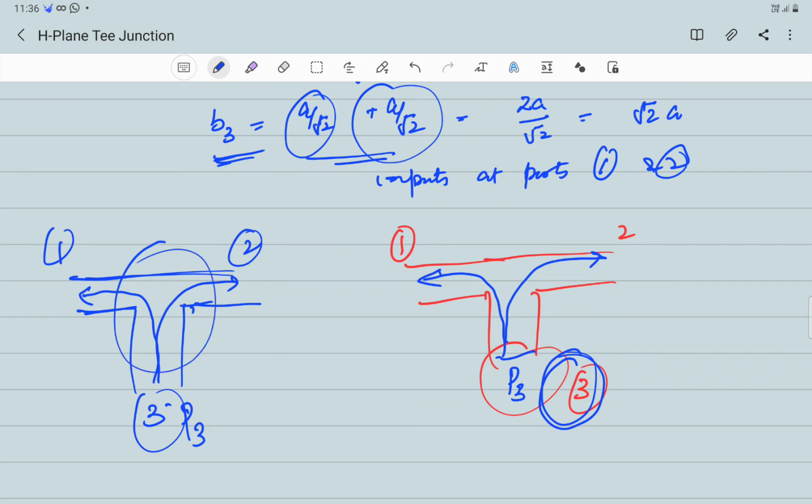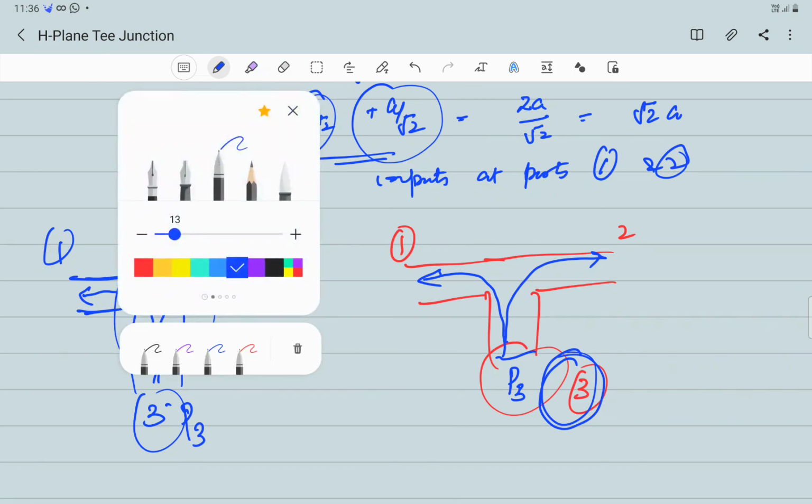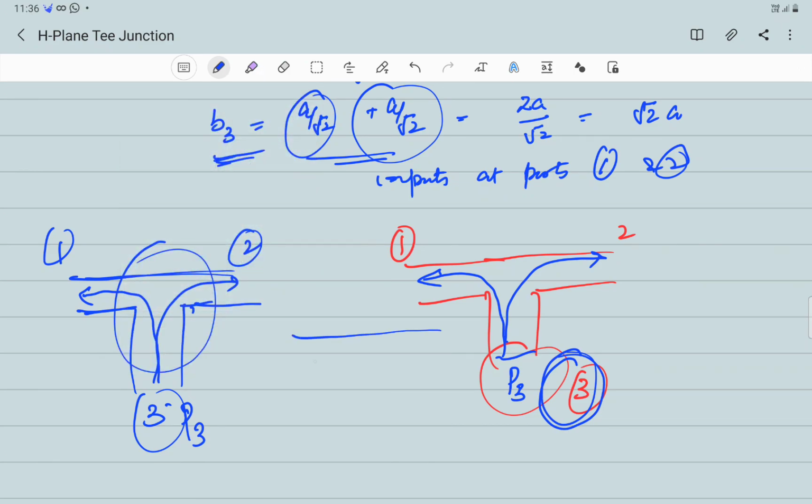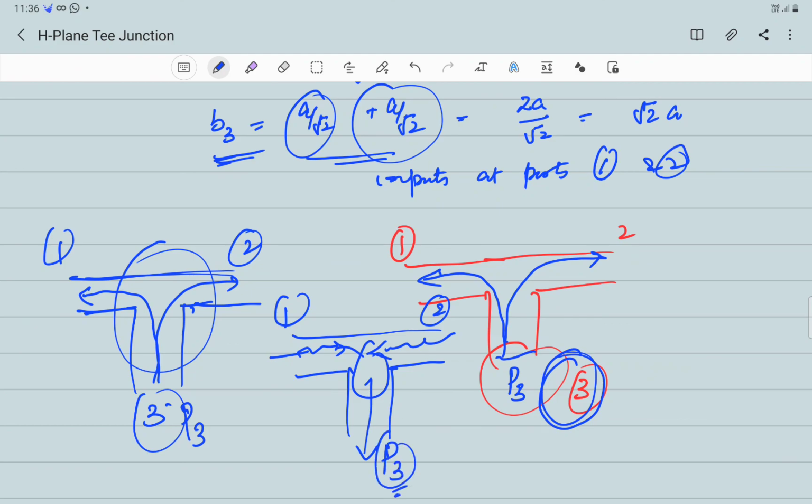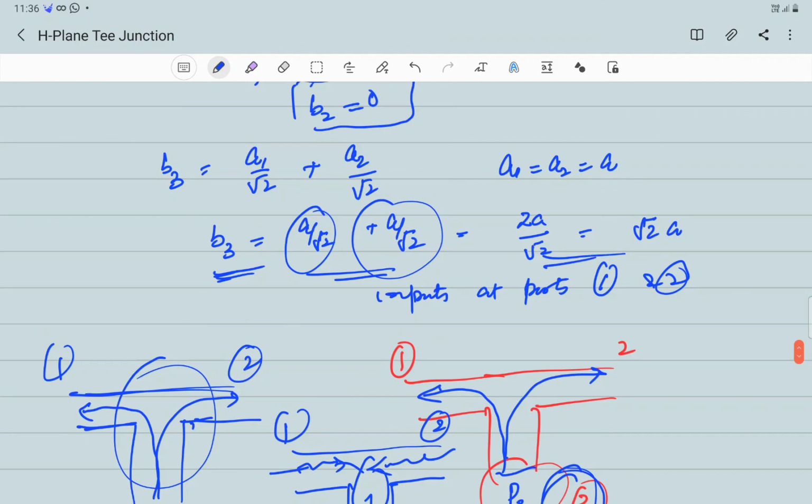So in this case it acts as a 3 dB splitter. But in the other case, if I connect a source at port 1 and another source at port 2, the two signals simply combine and the sum of these two signals comes out from port 3, as can be seen from this equation.